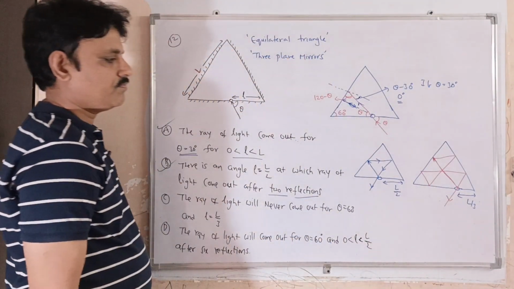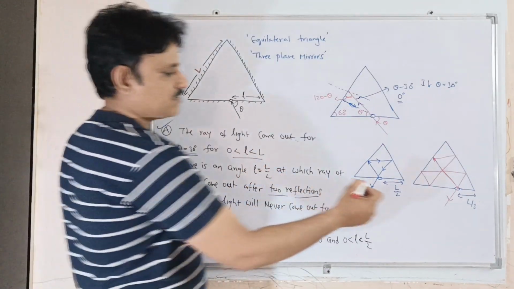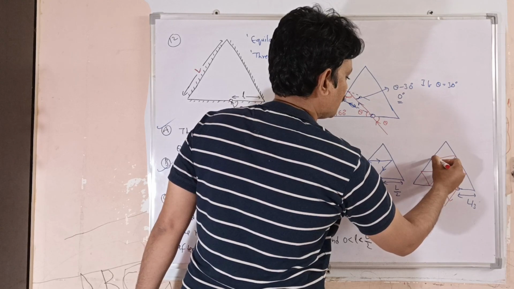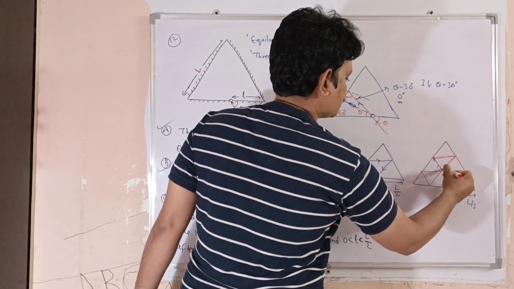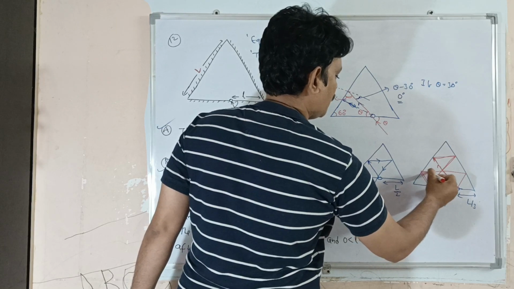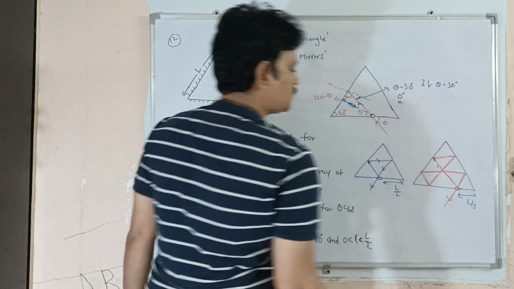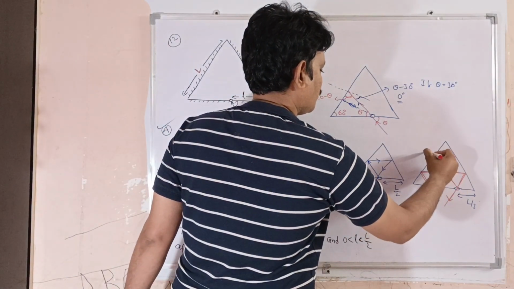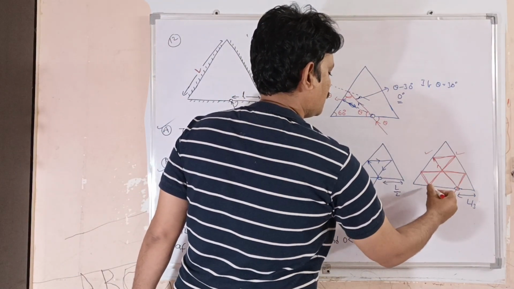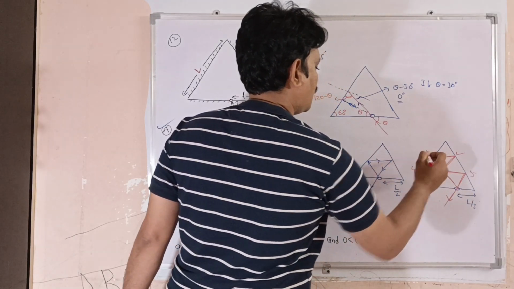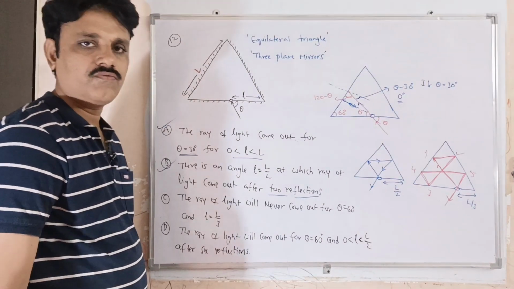So if you see, when a light ray passes through a length L by 3, initially it falls on the mirror, and after one reflection it crosses the second mirror and third mirror, and again this is the path. How many reflections happened? This is first reflection, this is second, third, fourth, fifth. So after 5 reflections the light ray will come out.